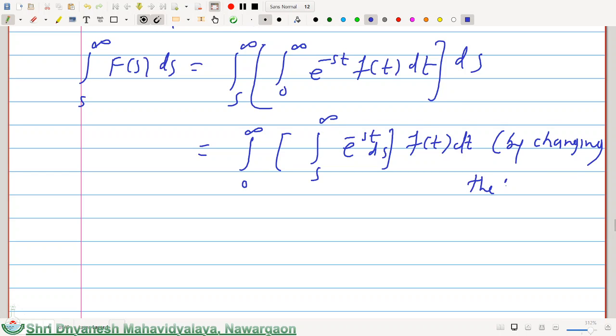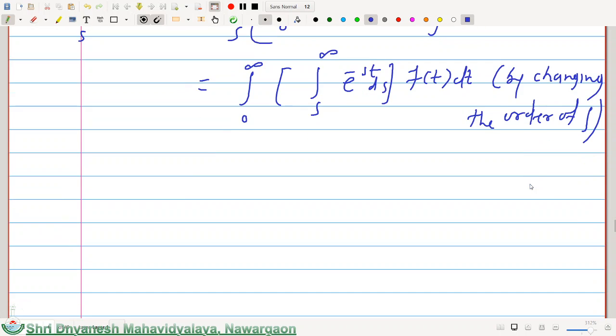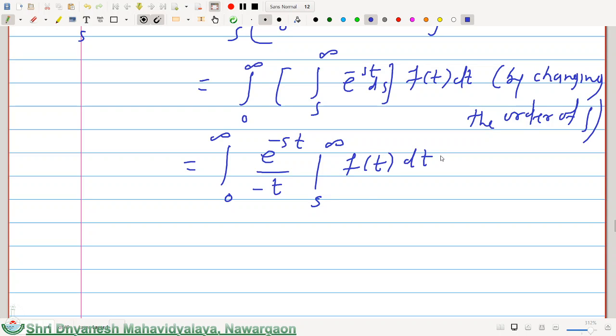Now integrate with respect to s. The integration of e to the power minus st with respect to s is e to the power minus st upon minus t, limits s to infinity, f of t dt.